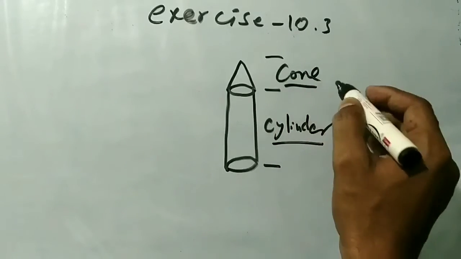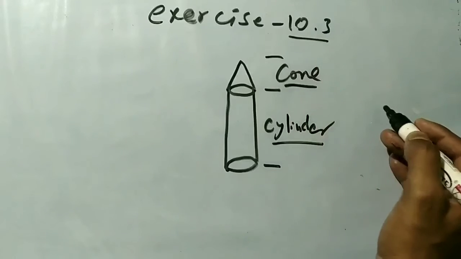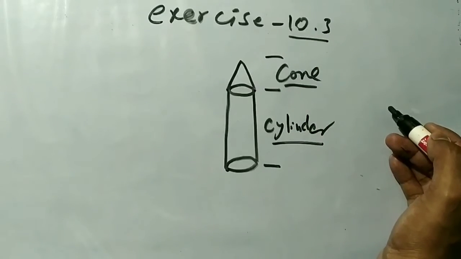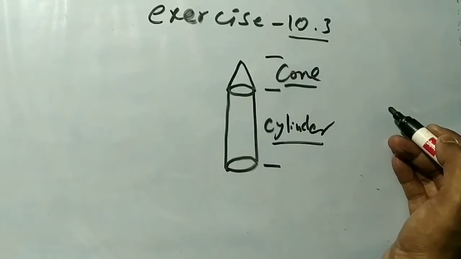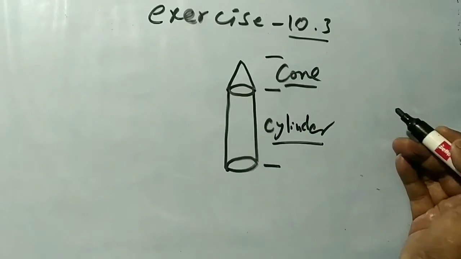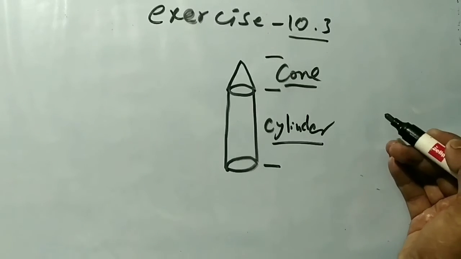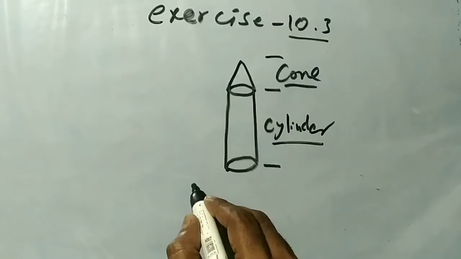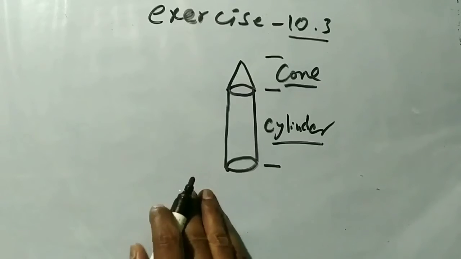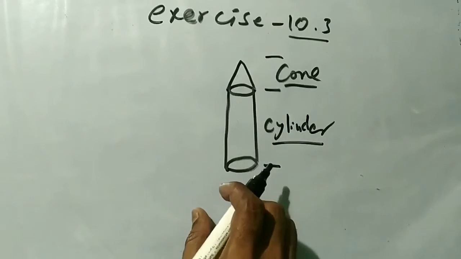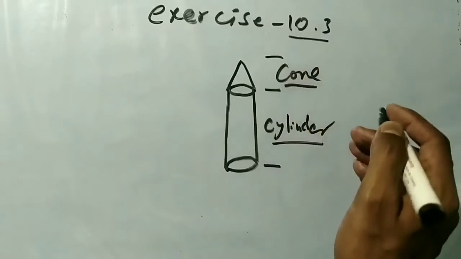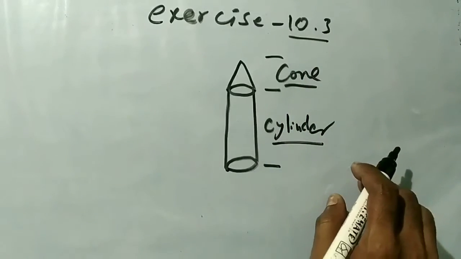This exercise 10.3 deals with the volumes of all solid figures, that is 3D mensuration, 3D figures. So in the total exercise of 10.3 we have to find all the volumes, because 10.3 deals with the volumes of solid figures. I think you got it.